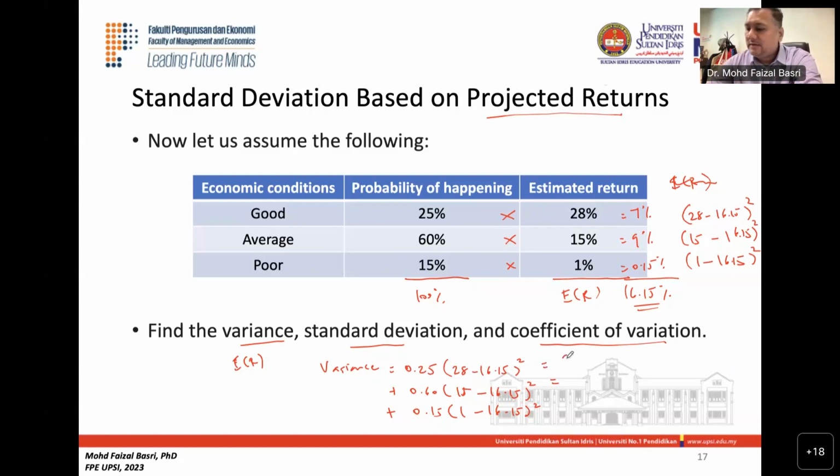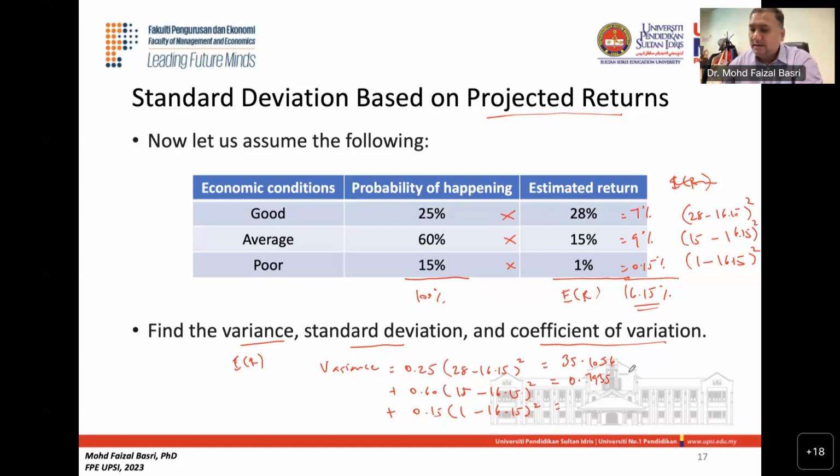So this one you will get 35.5. 1056. The second one, 0.7935.